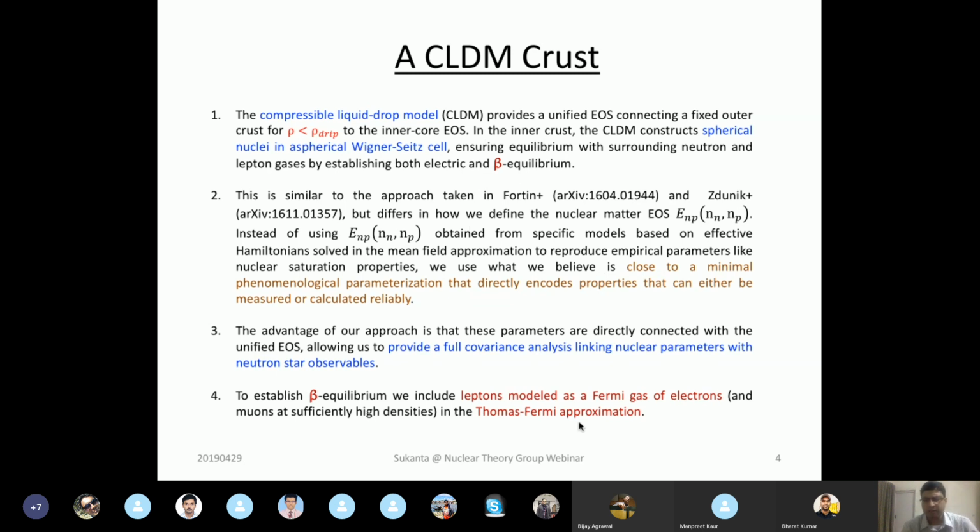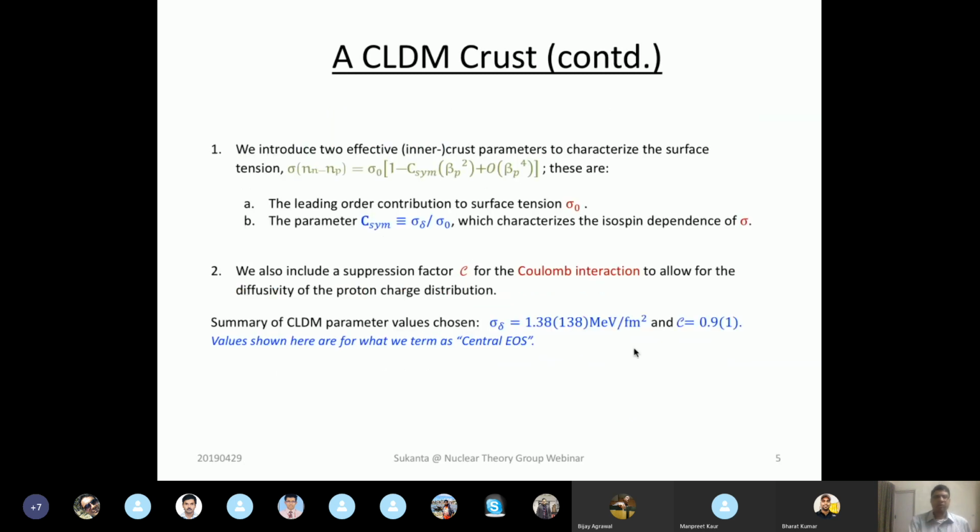Going to slide 5, a little more on the CLDM crust. To characterize this inner crust, we introduced 2 effective parameters, essentially, to characterize the surface tension, sigma. To leading order, this is determined by sigma 0, which is reasonably well measured, and its value is given a couple of slides ago.